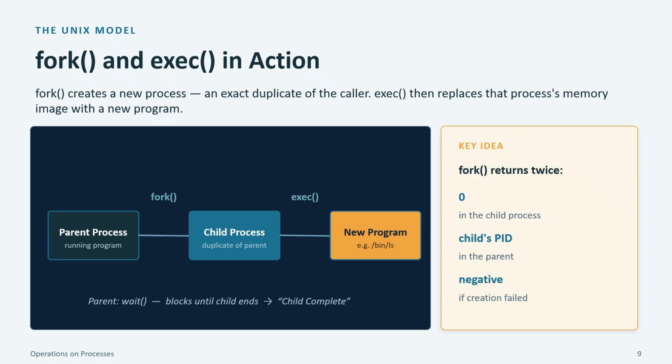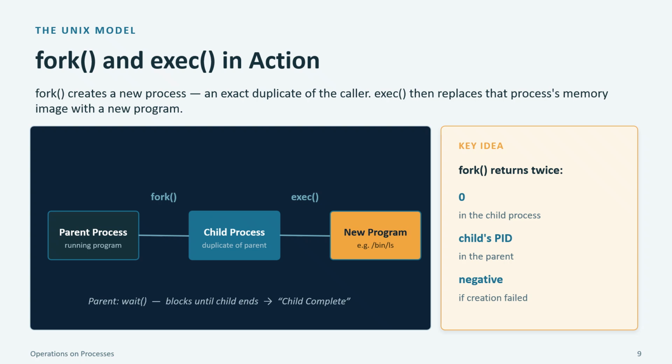Now we come to one of the most important concepts in this lecture, that is fork and exec system calls. In Unix, the fork system call creates a new process. The newly created child process initially represents a duplicate execution context of the calling process. After the fork, we have two processes.